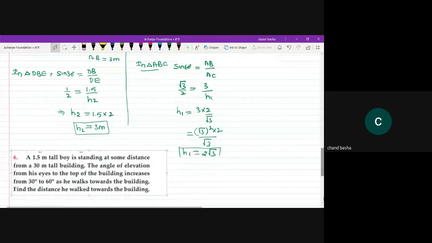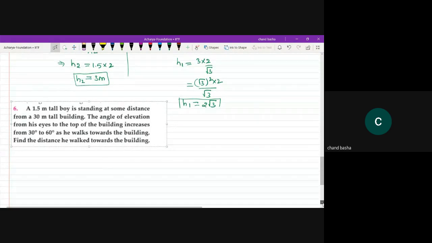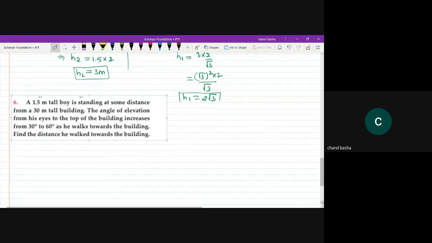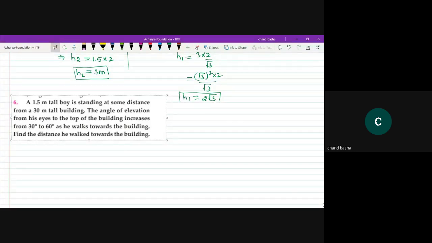A 1.5 meters tall boy is standing at some distance from a 30 meters tall building. The angle of elevation from his eyes to the top of the building increases from 30 to 60 as he walks towards the building.